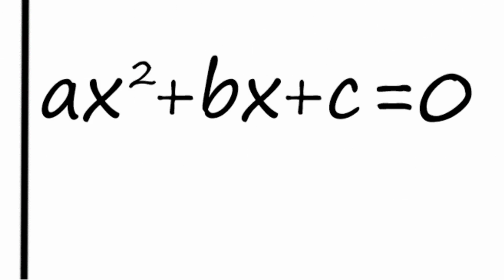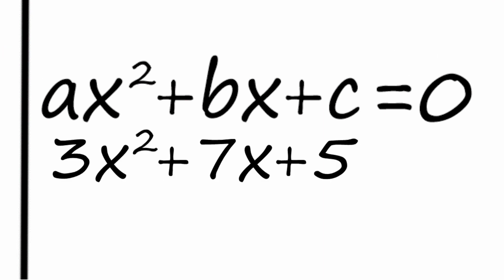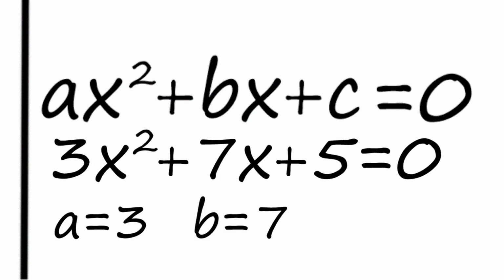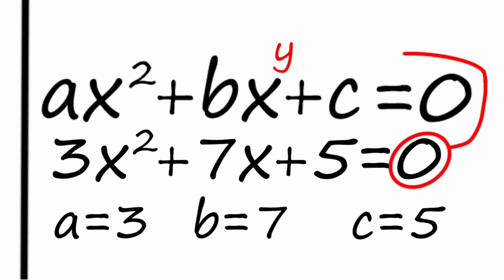An example of this is 3x squared plus 7x plus 5 equals 0. In this equation, a is 3, b is 7, and c is 5. The 0 in this equation symbolizes the y-axis. We can use this equation to graph a quadratic function, but we'll go over that later.